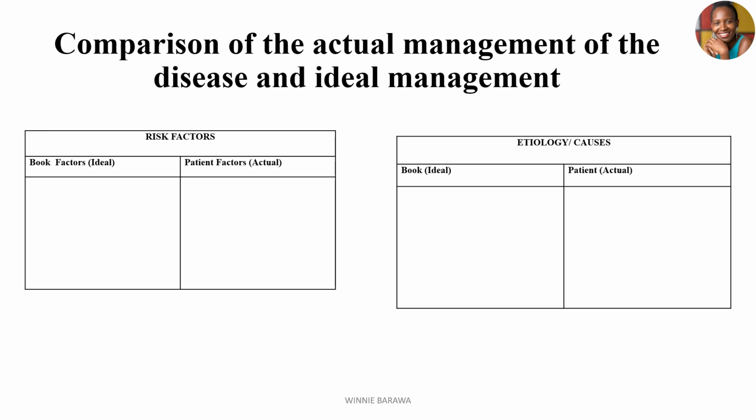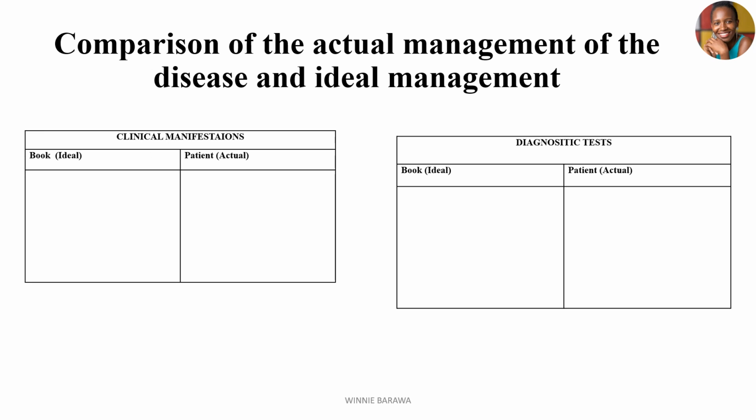So if you can see in the books, there's some certain causes that have been mentioned, and your patient has also presented with those risk factors or etiologies, then it even makes it so easy when it comes to describing what you're calling pathophysiology and the disease progress and all that. And that is going to also help us know how to manage and other approaches for our patient.